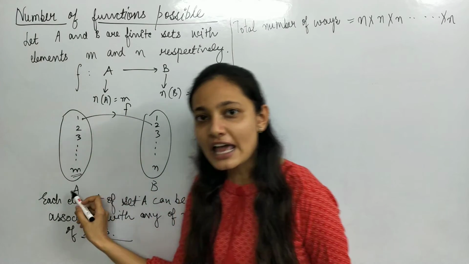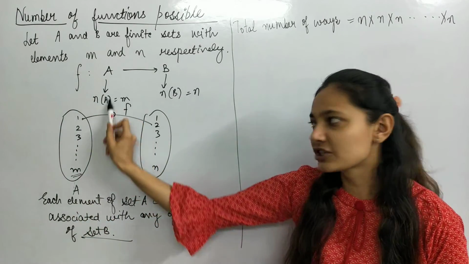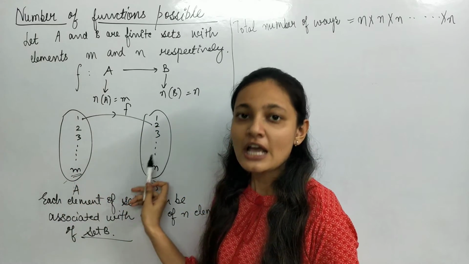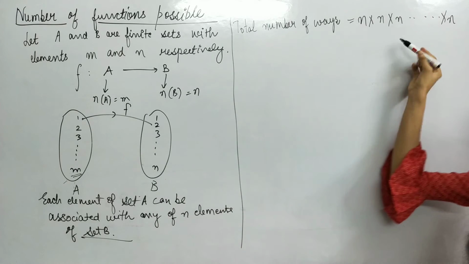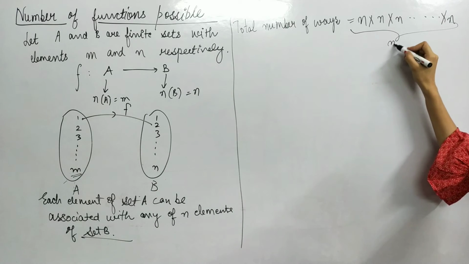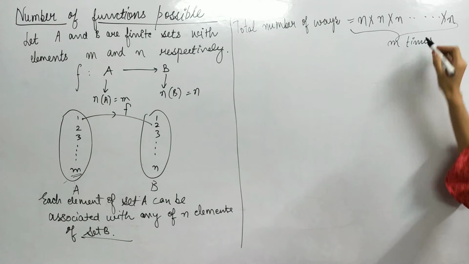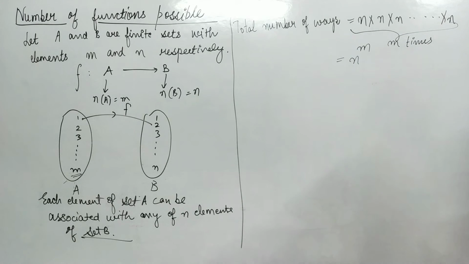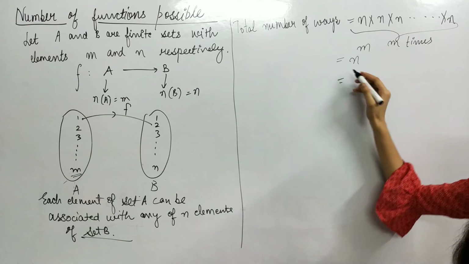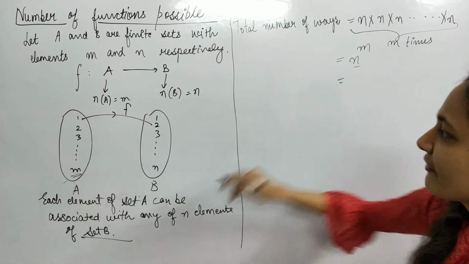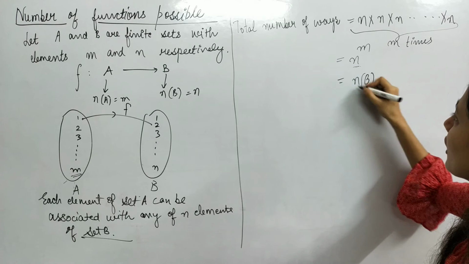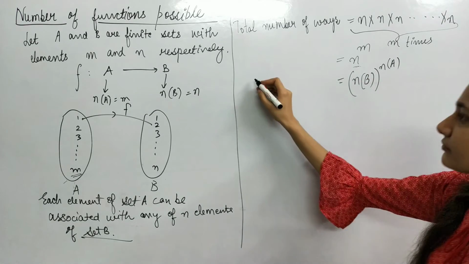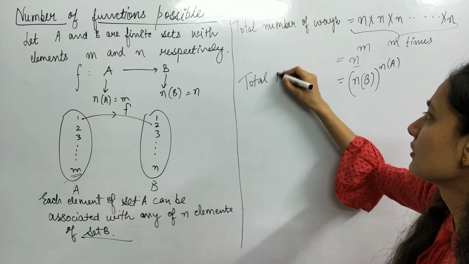And each element of set A is to be mapped for a function. So if each element of set A is to be mapped, N is multiplied M times, which is N to the power M. That means N, the number of elements in B, to the power of the number of elements in A. This is the number of functions possible.